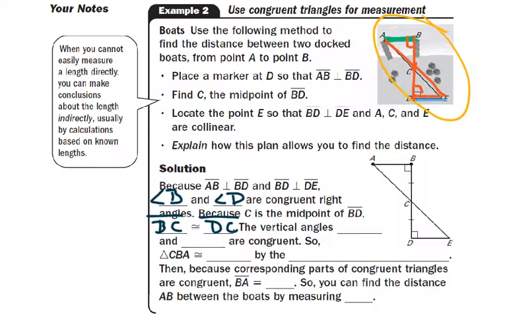Okay, and you see they've got that marked. Both of those, the right angles, are congruent there. The vertical angles, angle ACB and angle ECD, are congruent. So let's mark those.